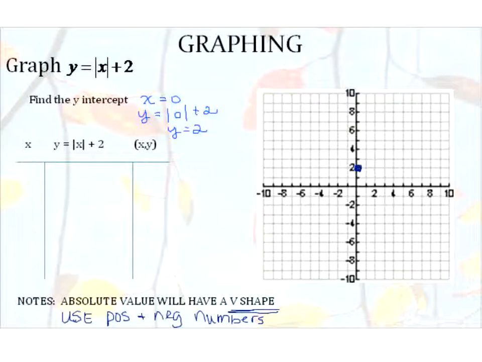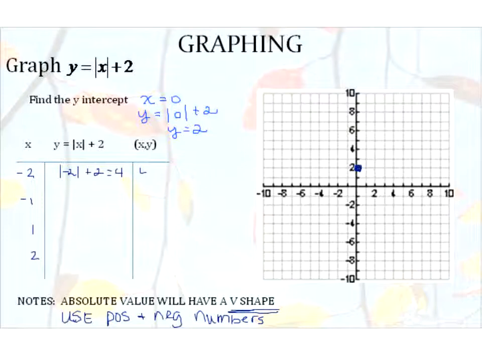So let's do -2, -1, we already did 0, 1, and 2. If we put -2 in, we get the absolute value of -2 plus 2. The absolute value of -2 is a positive 2. So 2 plus 2 gives me 4.